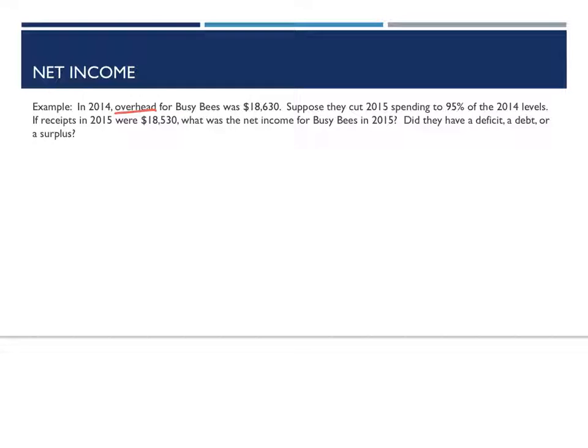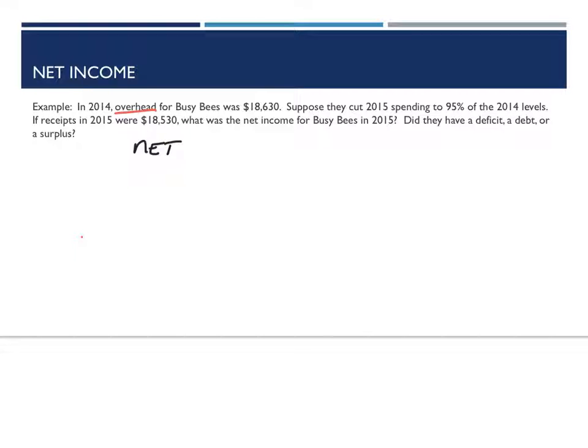That's your spending. So last year, Busy Bees spent $18,630. Well, if they cut spending in 2015 to only 95% of what they spent in 2014, what would the net income be for Busy Bee in 2015 if the receipts were $18,530?